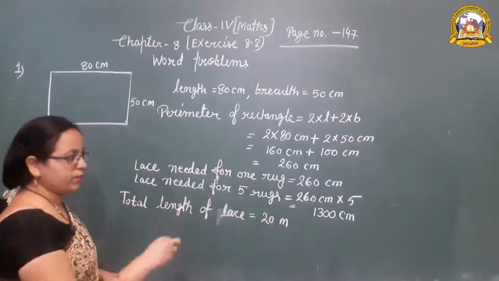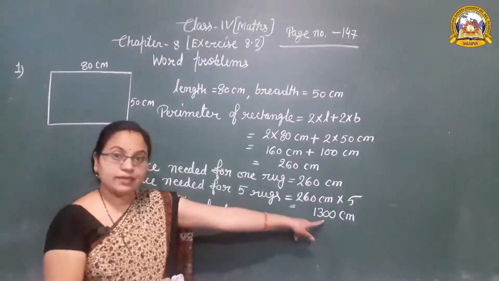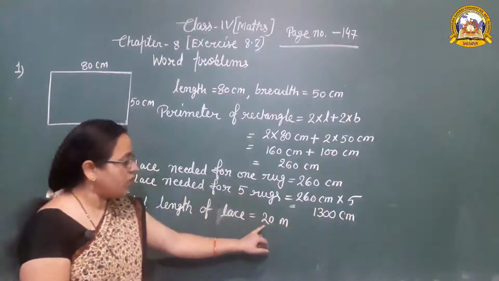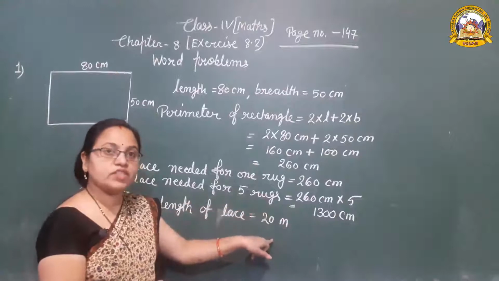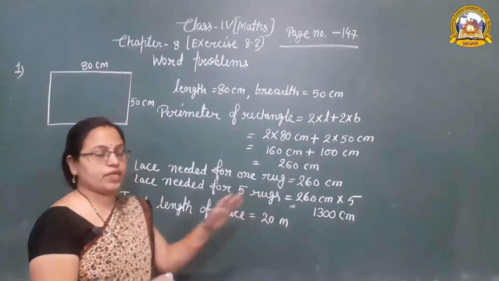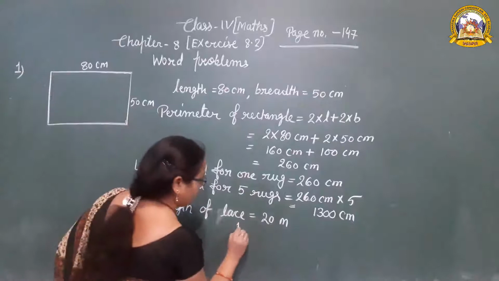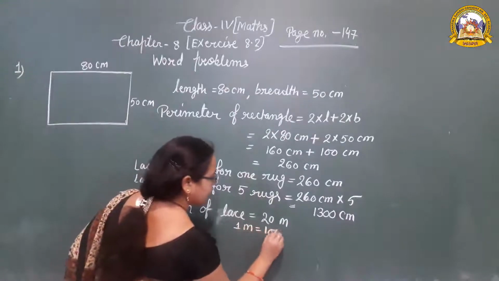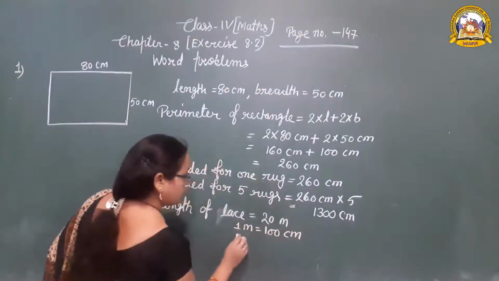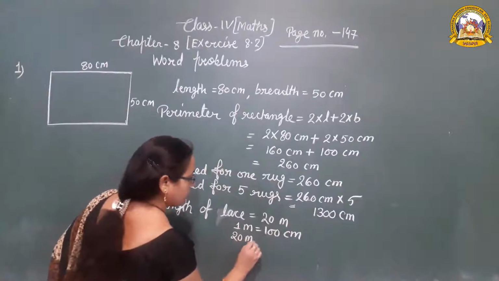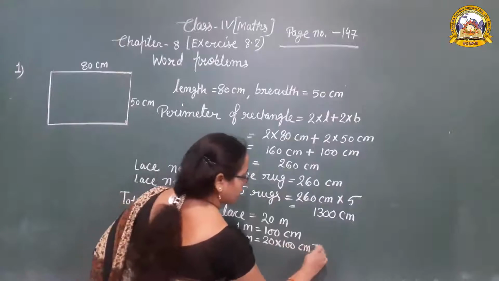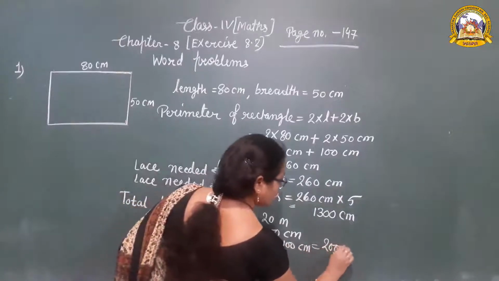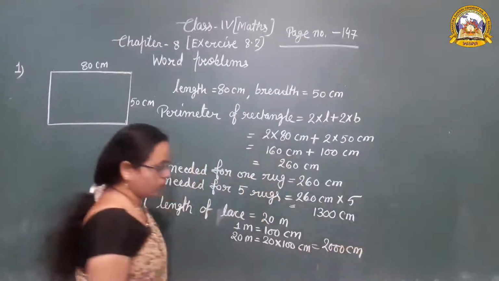Now this number is in centimeter, keep it in your mind, and one number is in meter. First we make them the same unit. 1 meter is equal to 100 centimeter. So 20 meter is equal to 20 multiplied by 100 centimeter, which is 2000 centimeter.